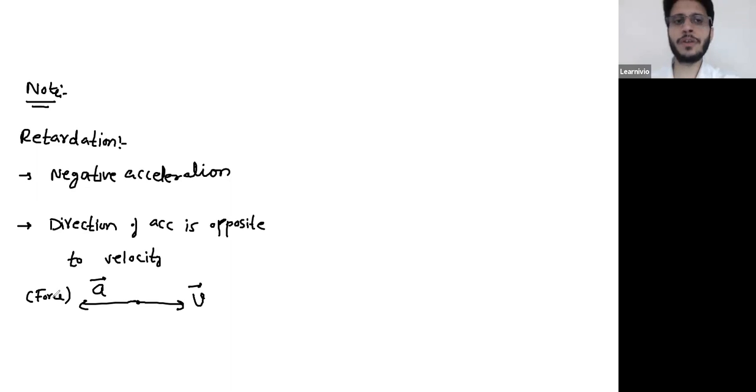So what will happen if you apply force in a direction opposite to that of the velocity of the body? Its velocity will increase or decrease? Decrease. If you apply force opposite to velocity, its velocity will decrease. Okay, just note it down and rub it.